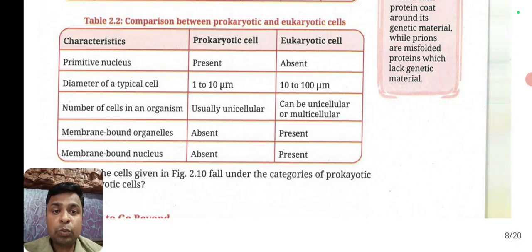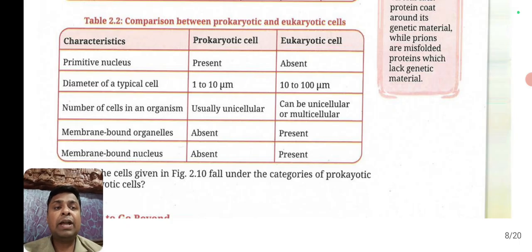Micrometer means 10 raised to minus 6 meter. Remember, 1 micrometer is 10 raised to minus 6 meter. Very small, very tiny. And a eukaryotic cell is 10 to 100 micrometer. That means it is a little larger than the prokaryotic cell.